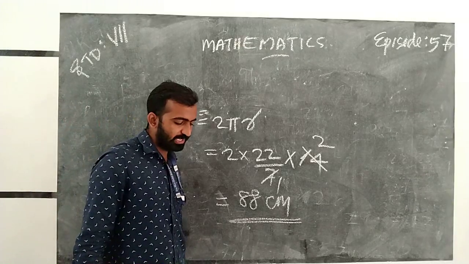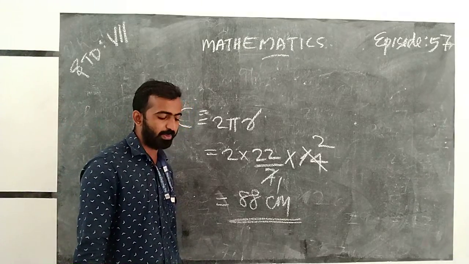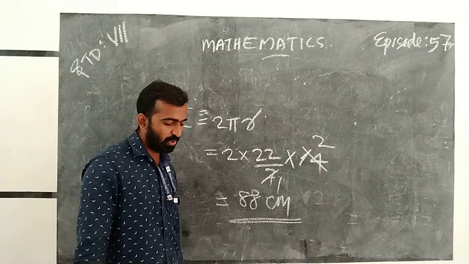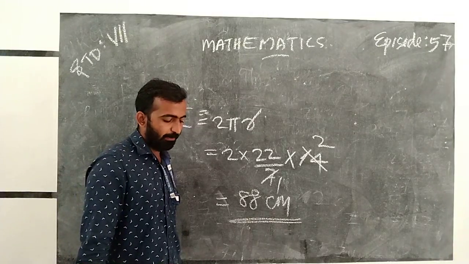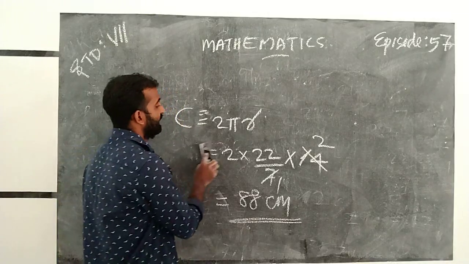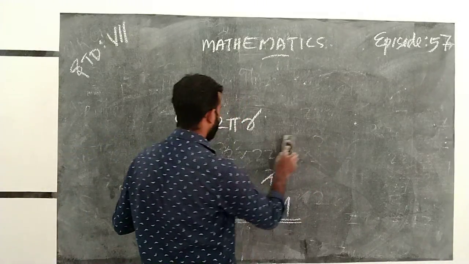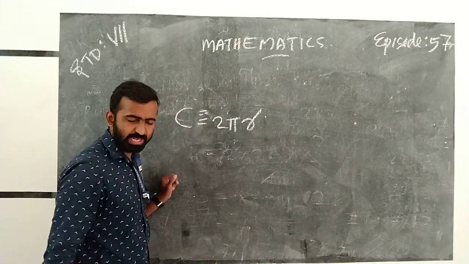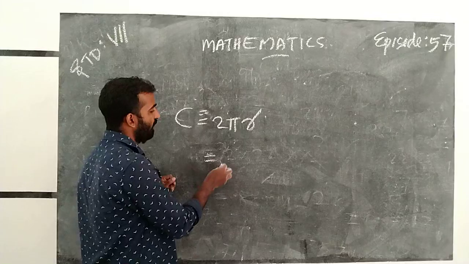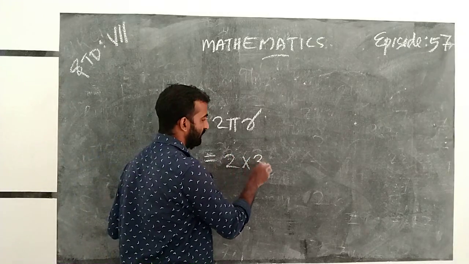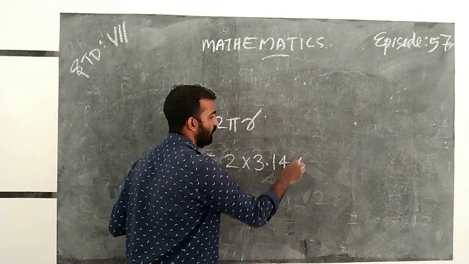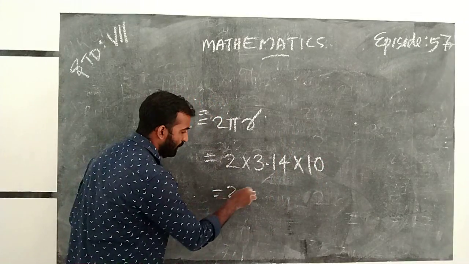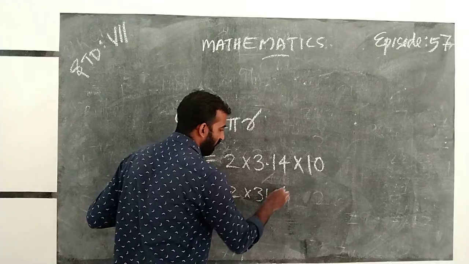Next, the 14th example: the radius of a circular pipe is 10 centimeter. What length of tape is required to walk once around the pipe? We take 2 pi r as the circumference. Pi is 3.14. That is 2 into 3.14 into 10, which is 2 into 31.4.